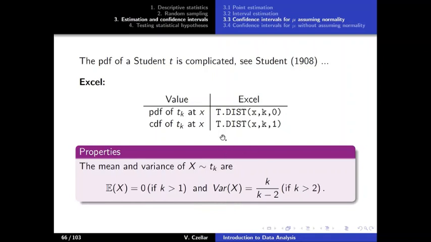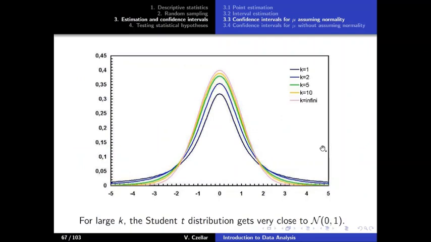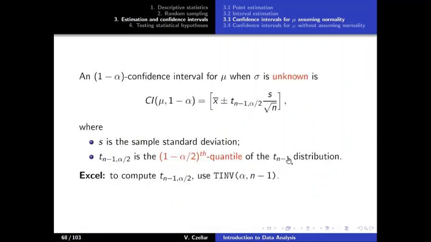Now, you can of course calculate the PDF and the CDF using Excel, using these commands, but we don't really need them. However, for the confidence interval construction, I need the quantiles. Why? Because now that I know that I have a Student t distribution for the standardized random sample mean, I need to replace the quantiles of the standard normal by the quantiles of a Student t.